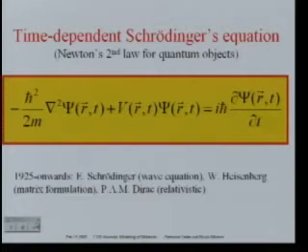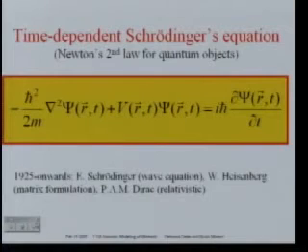Quantum particles obey a different fundamental law that was basically discovered by Erwin Schrödinger in 1925, and the other major players were Werner Heisenberg, Paul Dirac, and many others. And I've written it here in the most general form for the case of a single electron, so a particle that is described by a wave function psi, function of space and time.